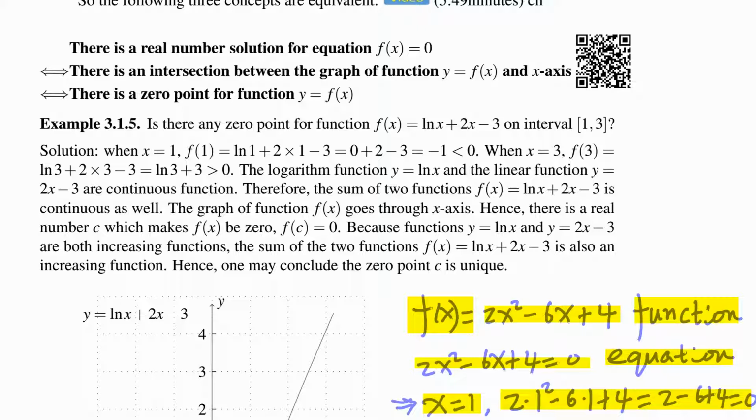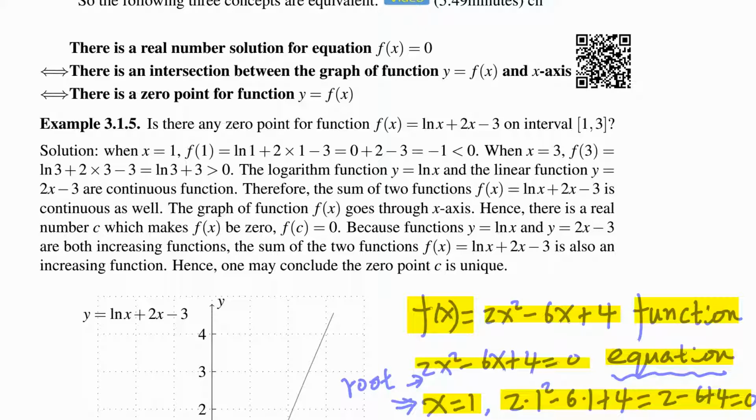For the equation, x equals 1 is called the root of this equation.